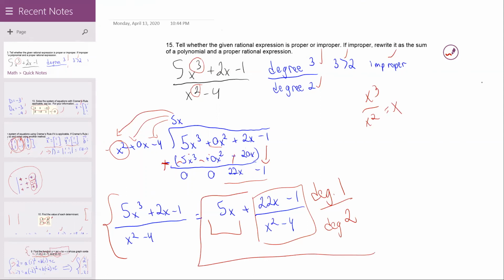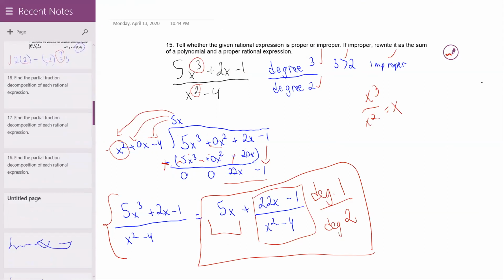And this is our final answer. The reason this is showing up in this section is for partial fraction decomposition, a rational expression has to be proper. So if a rational expression is not proper, you have to do long division first and then do partial fraction decomposition.